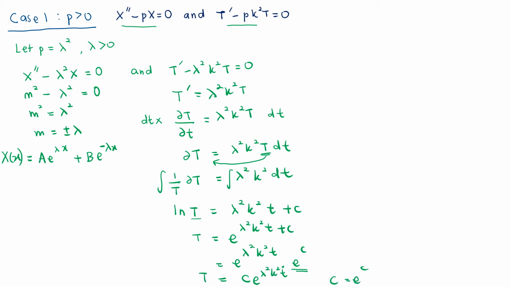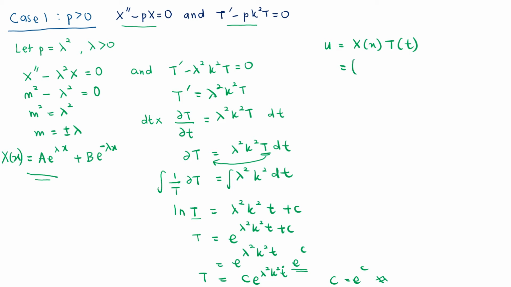So now we have solved the equation for x and the equation for t. In order to get the solution of u, because we know that u is equal to the product of x and t, we can get the solution of u in terms of x and t by multiplying x with t.